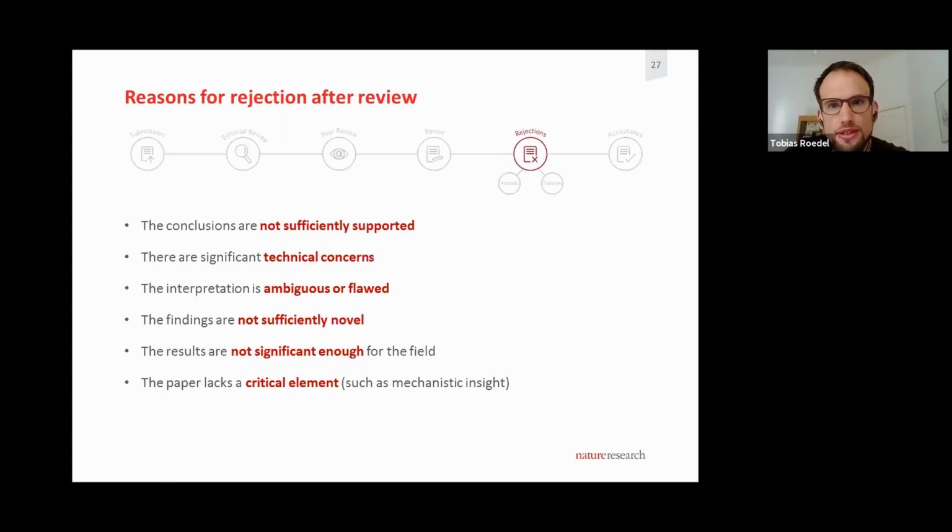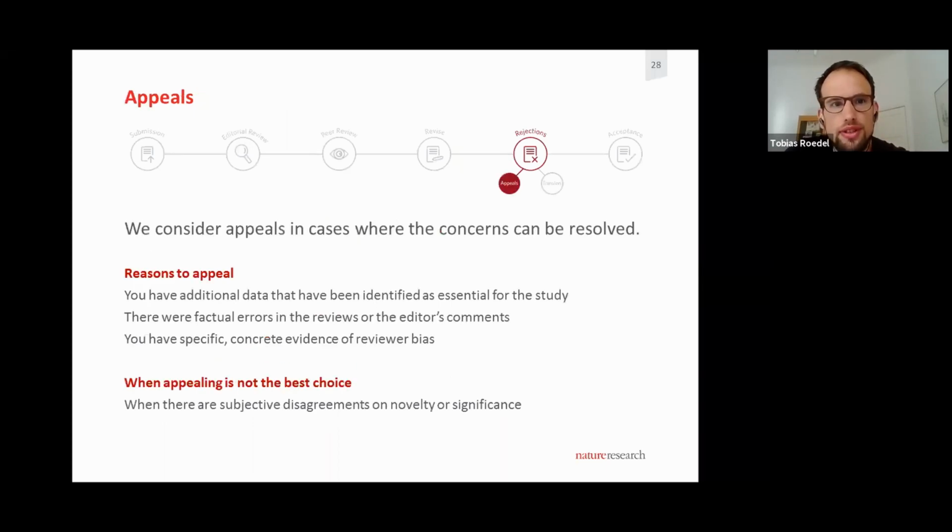Reasons for rejection, I don't go into details now. Maybe I will talk a little bit about appeals. So as I said earlier, don't be afraid to appeal. An appeal is a viable option that you can always choose if you think that the decision was not justified.